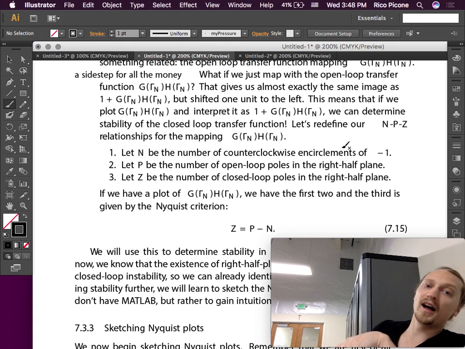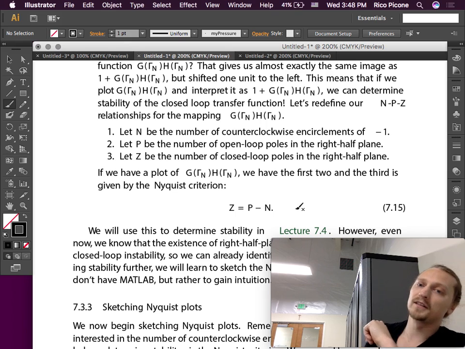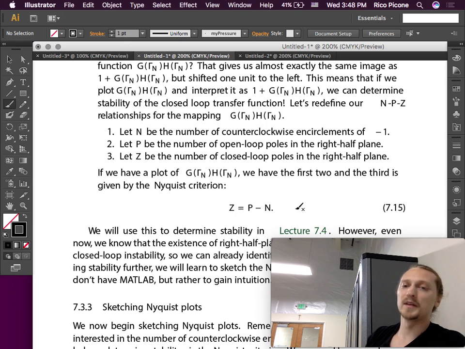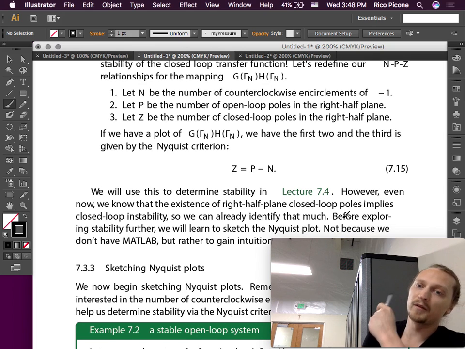If we have a plot of GH of gamma n, we have the first two and the third is given by the Nyquist criterion. So this is our Nyquist criterion with our redefined Z, P, and N. It allows us to find out how many right half plane closed loop poles there are, Z. So we will use this to determine stability in lecture 7.4.